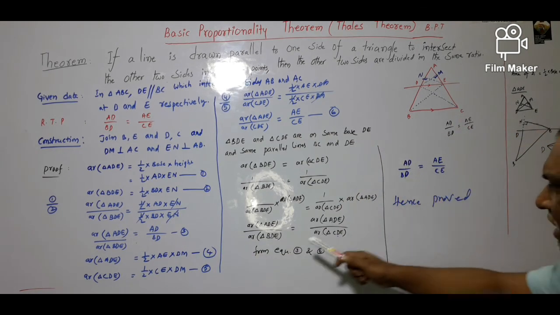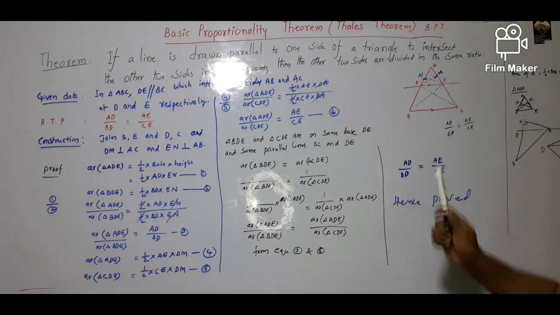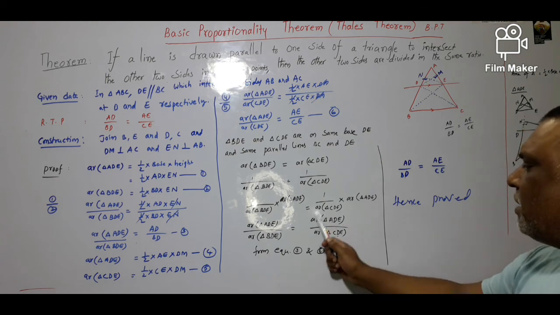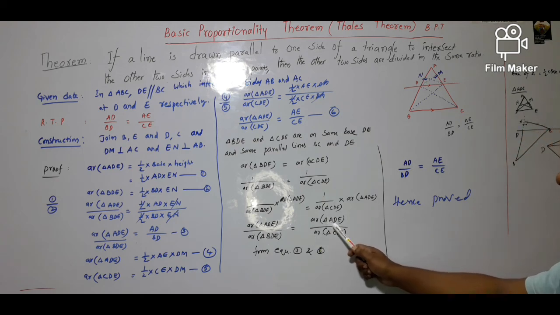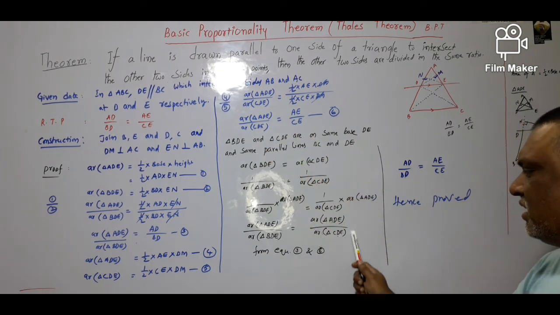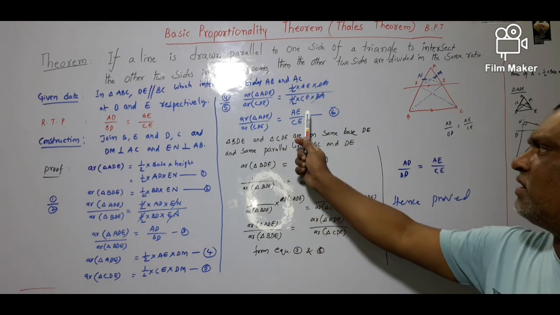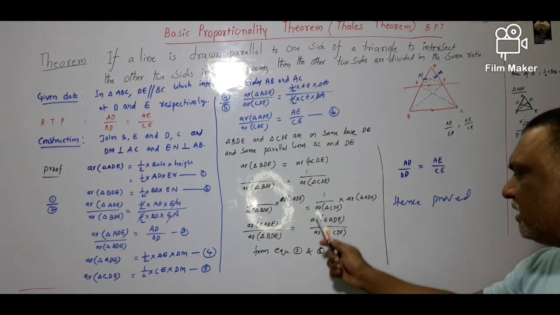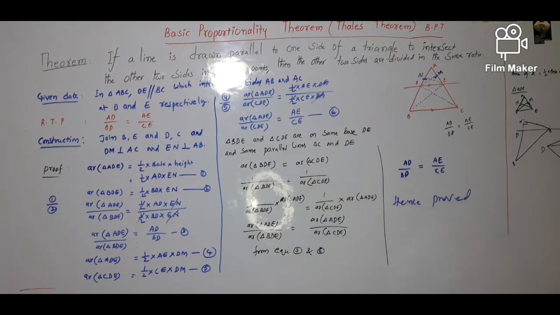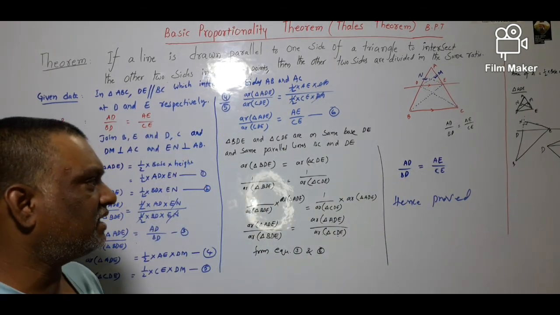From equation number 6, area of triangle ADE by area of triangle CDE is equal to AE by CE. So AD by BD is equal to AE by CE. Hence proved. This is the most important theorem for the public examination.